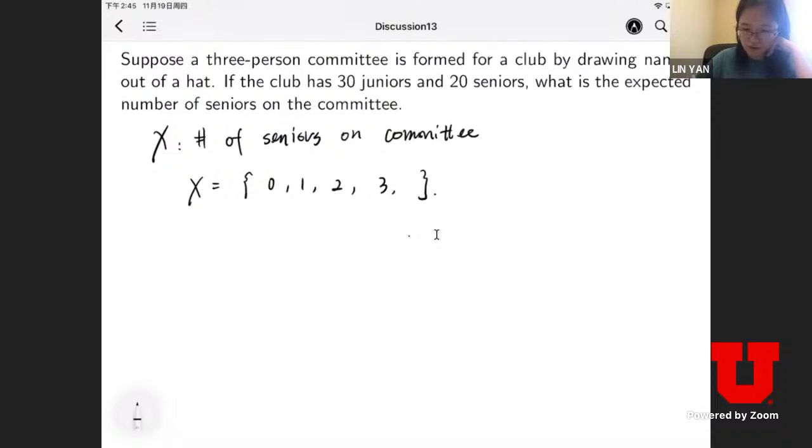I don't write 0 because if we calculate the expected value of X, then 0 times the probability of X equal to 0 will always be 0. So for most cases, we can cancel these items. So whether or not you write down 0 is all correct.